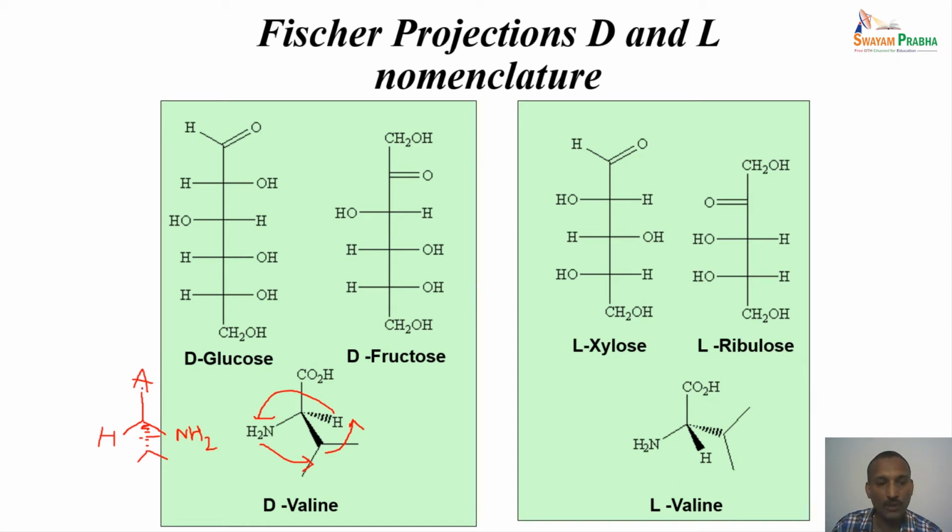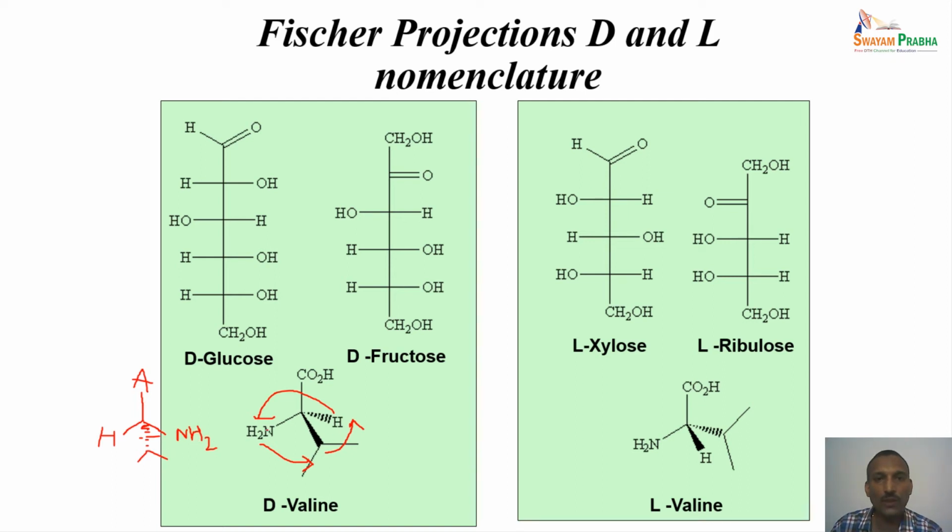So that means this acid group, this methyl isopropyl group and this central carbon, all the 3 are in the straight chain, perfectly in the vertical line, and these 2 are now pointing away from the observer. That is the reason this NH2 is on the right hand side.